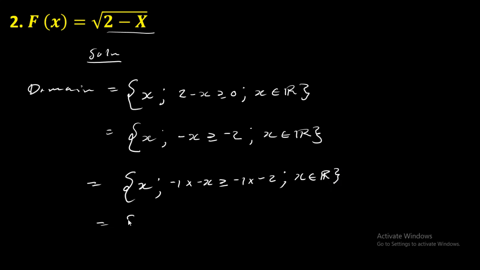When you do that, x such that this times that is x, and because we have multiplied by a negative, the sign will change. It's going to be less than or equal to 2, such that x is a member of real numbers. This is how you can look for the domain of this particular function.